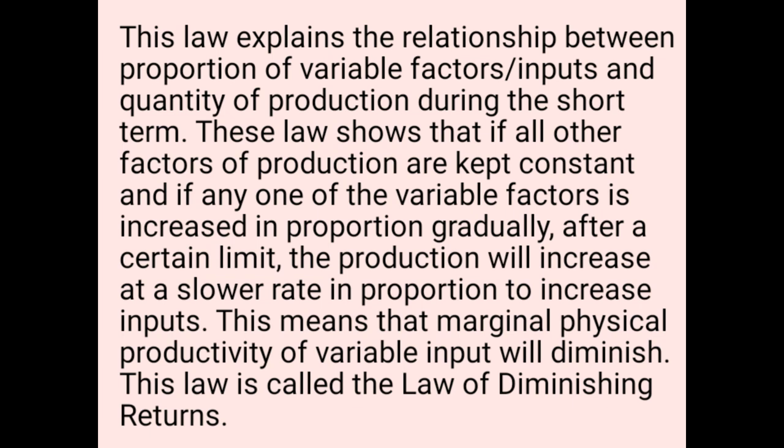This law is called the law of diminishing returns. At a certain point of time, when we are using more inputs, we are getting more returns. But when we keep using more inputs and are still not getting that much output, meaning lesser output, then it is known as the law of diminishing returns.